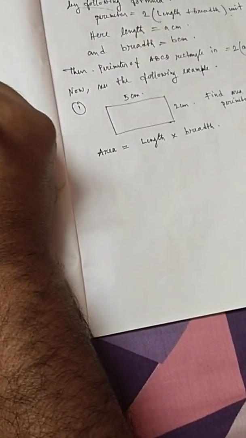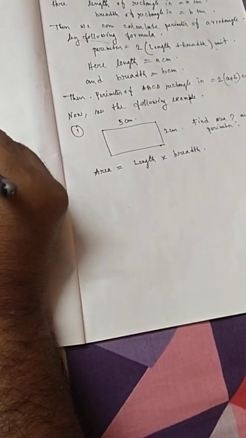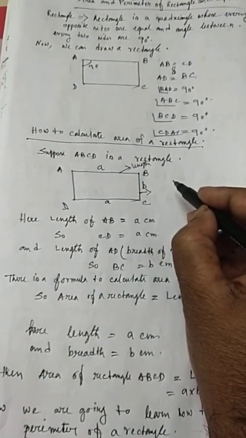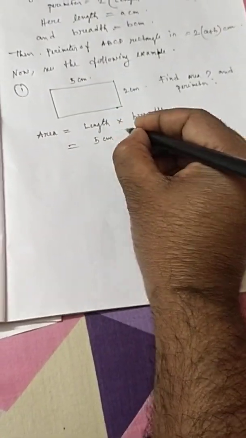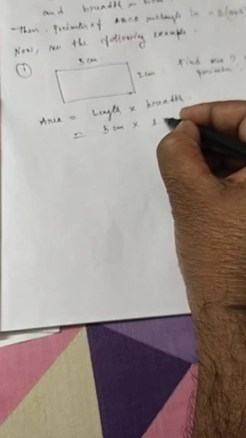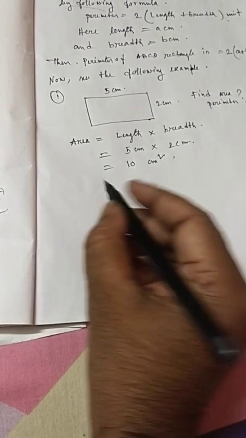It is called length. It is called breadth. Here length is 5 centimeter and breadth is 2 centimeter. Then area of a rectangle is 5 into 2, 10 centimeter square. In the same way, we can find perimeter.